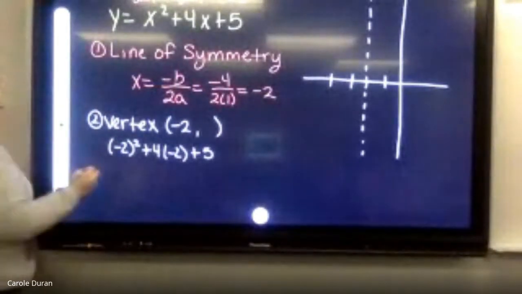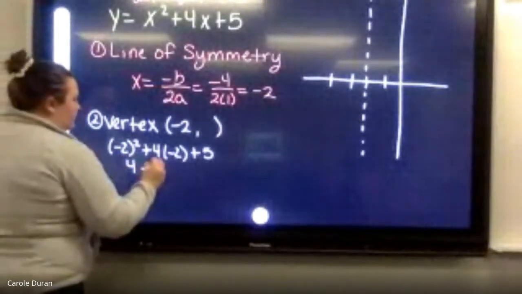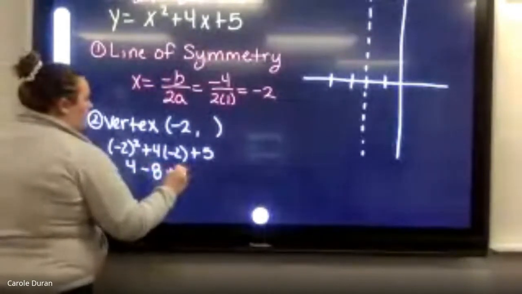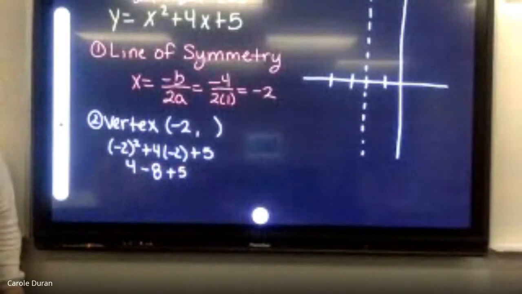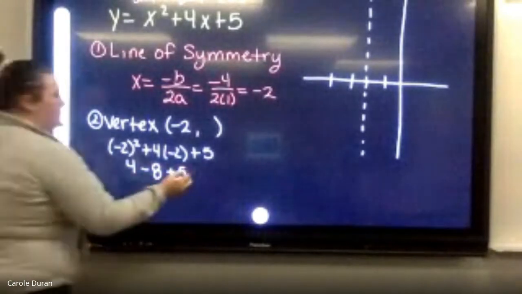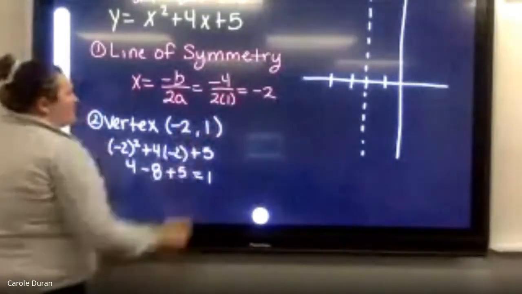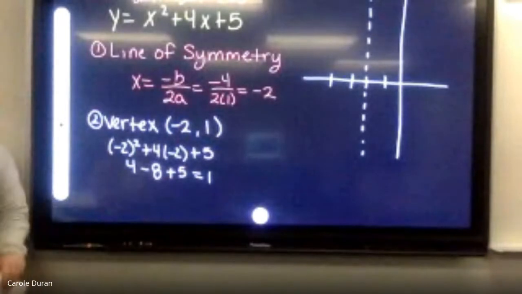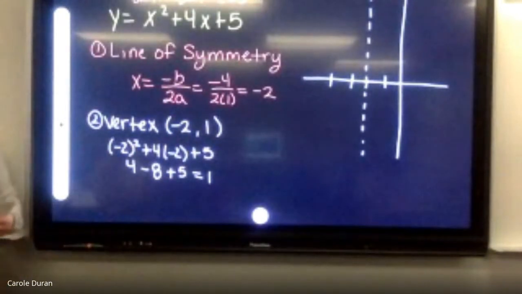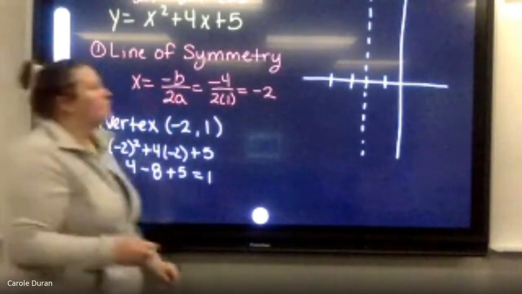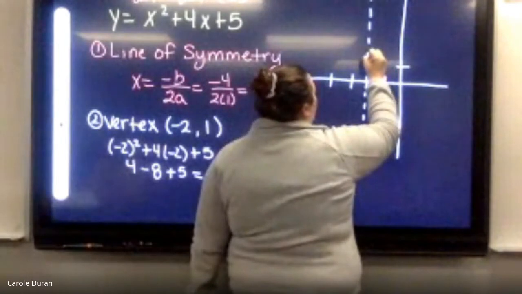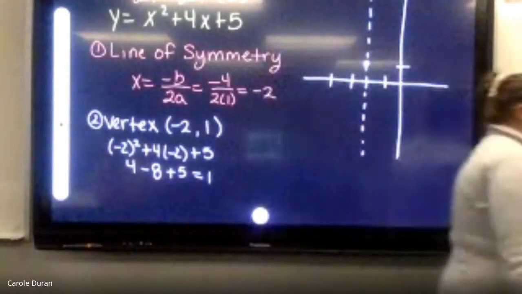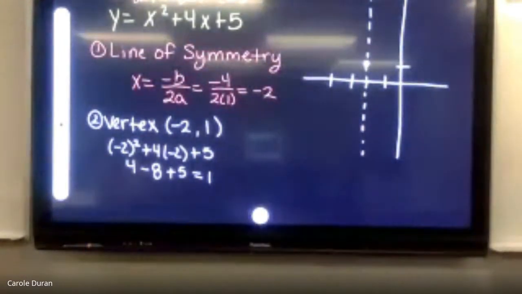Negative 2 squared is 4. 4 times the negative 2 is negative 8. 4 minus 8 is negative 4, plus 5 is 1. So then my vertex is the point negative 2, 1. So then I go to negative 2 and positive 1, and I put a dot. That is the first point that we put on our graph.